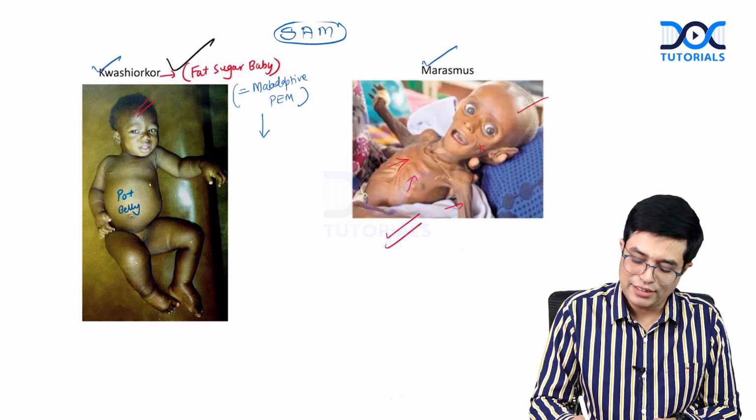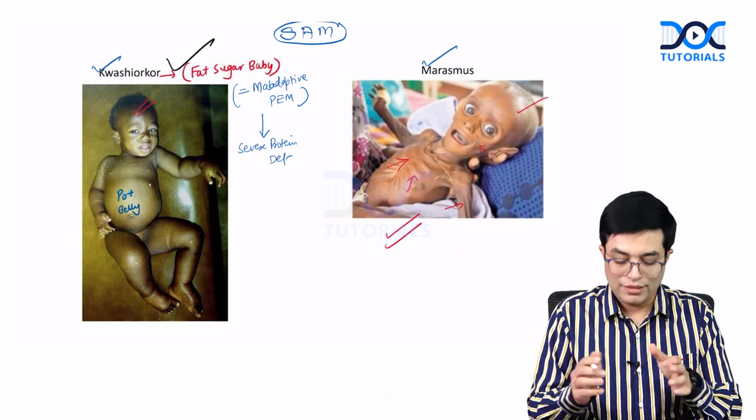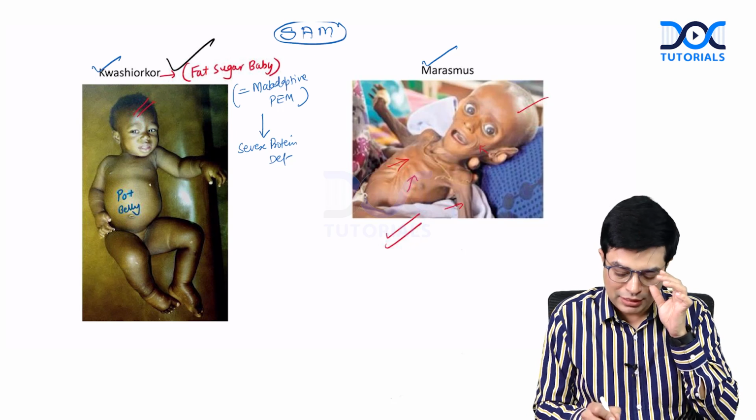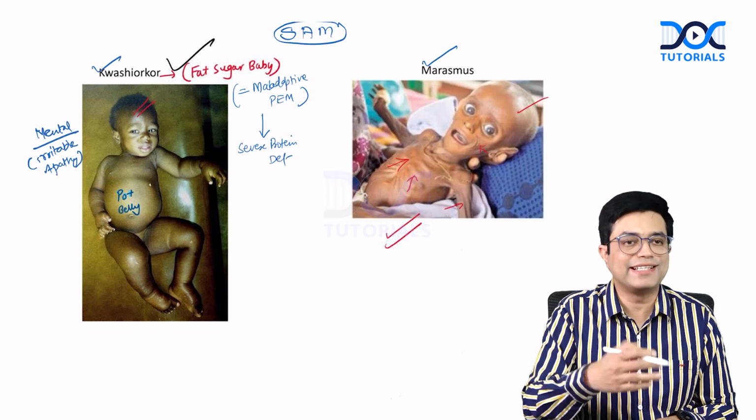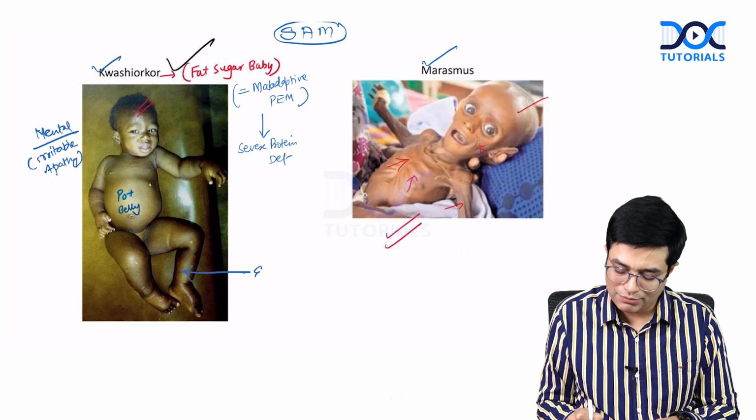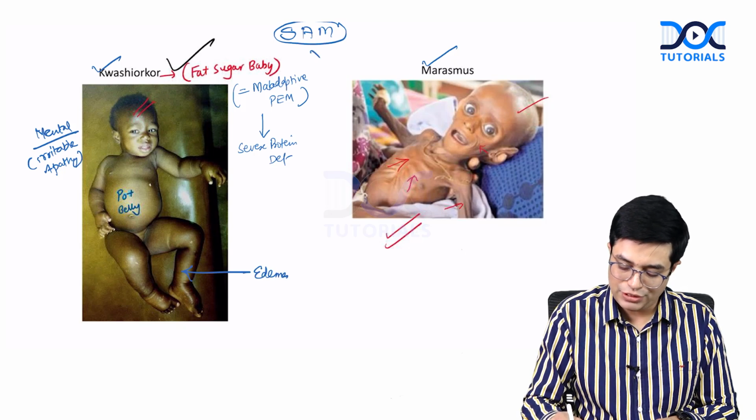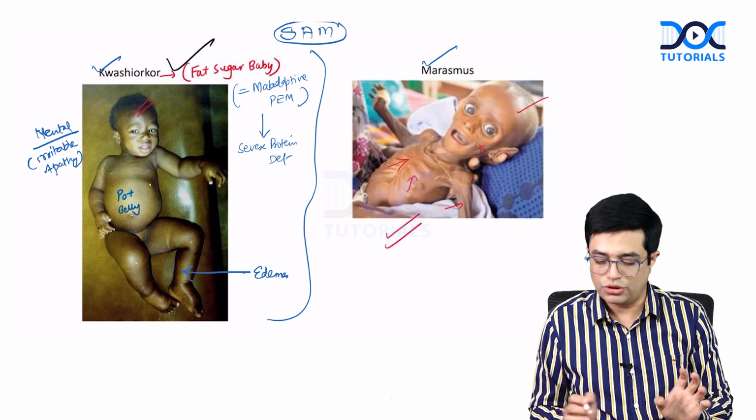Kwashiorkor is majorly related to severe protein deficiency, right? These children will have a pot belly, a protuberant abdomen. They will have mental changes, irritability and apathy. Apathy is pathological disinterest. They will also have edema. These are the typical features mentioned in questions of kwashiorkor.